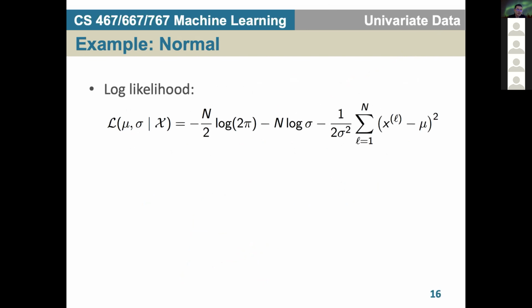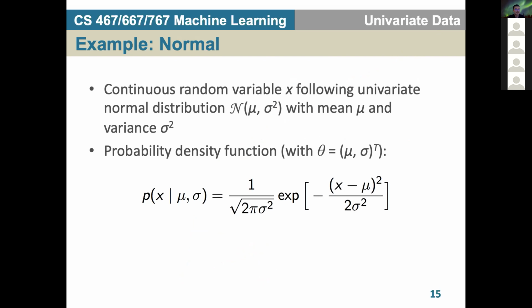Okay, then let's look at the log likelihood. How do we derive this? Let me enable the pen again. This is just one particular x. Later we will see the full sum. So now we just look at one particular x.